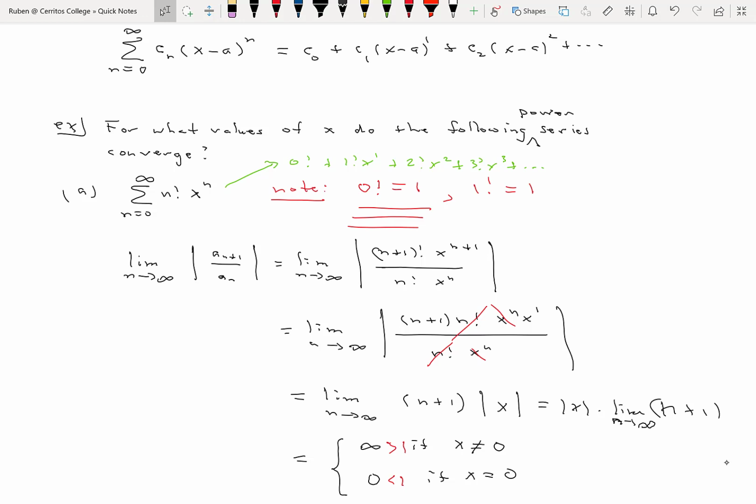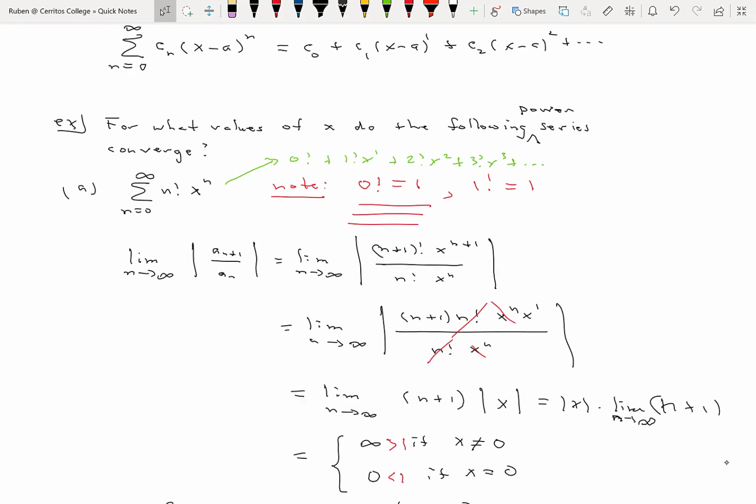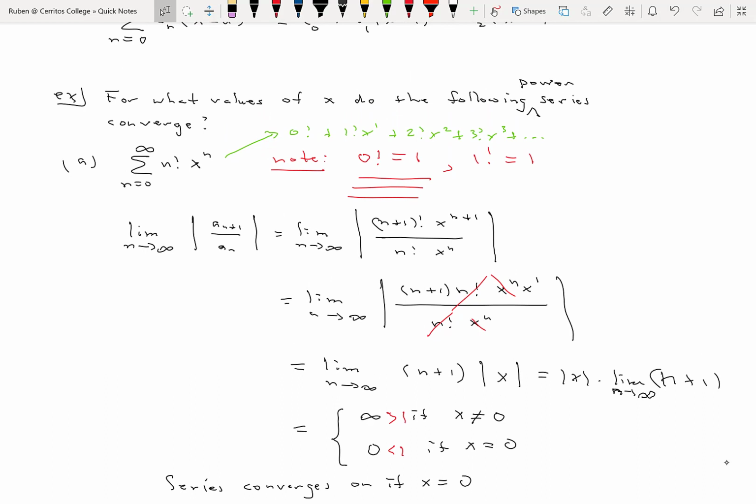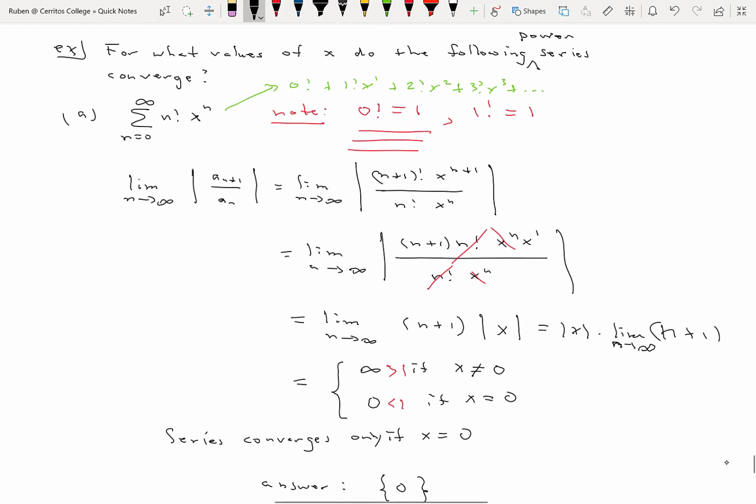But if I do put in x equals 0, I get this quotient, the absolute value of a sub n plus 1 over a sub n, going to 0, which is less than 1. I get convergence. So the series converges only if x equals 0 and diverges otherwise.